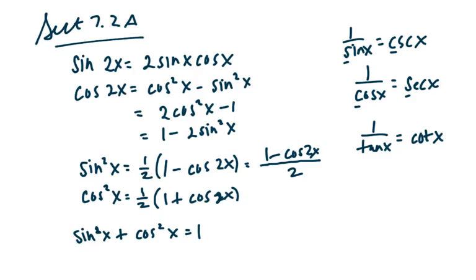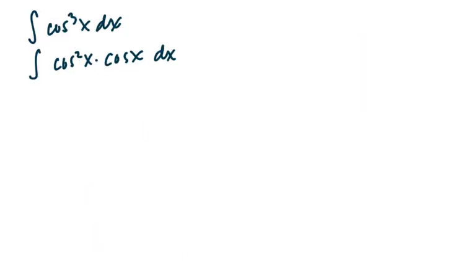We could solve for cosine squared using something like this, but it's not highly recommended. A lot of times this is going to be what we use: cosine squared x equals 1 minus sine squared x. That's going to be the one that helps us the most. So let's put that in here: the integration of 1 minus sine squared x times cosine x dx.